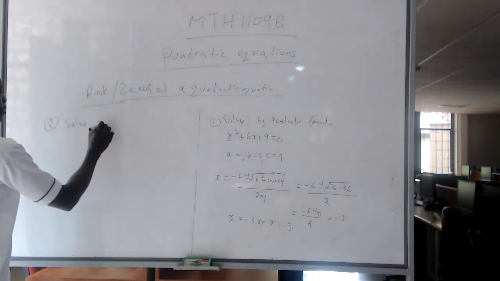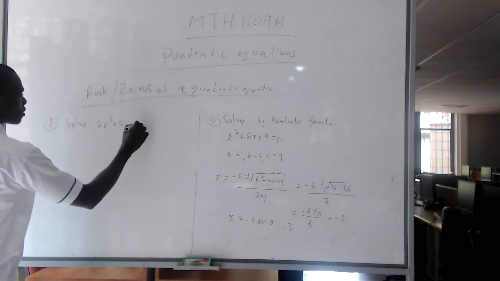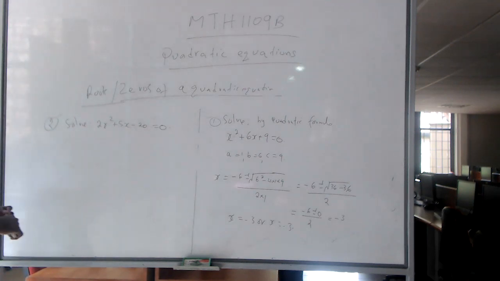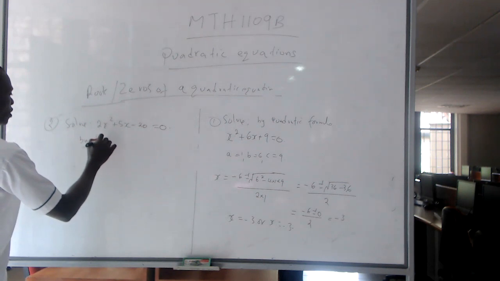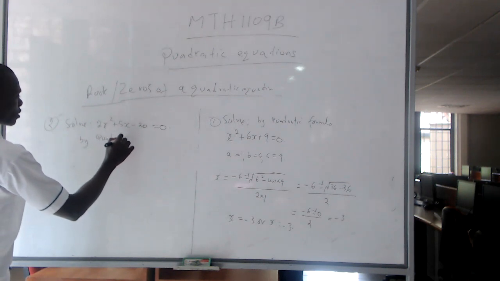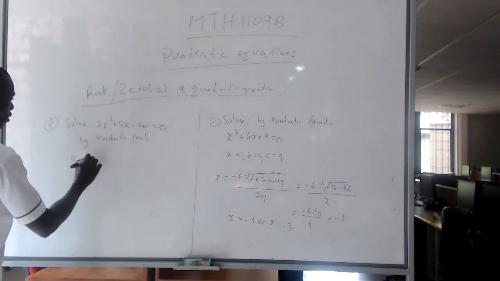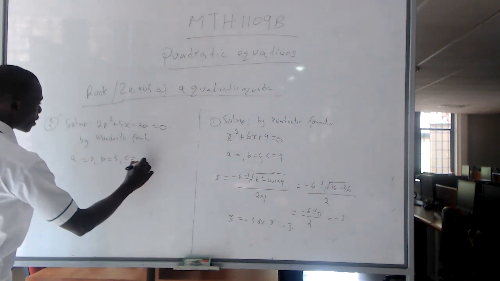Solve 2x squared plus 5x minus 20 is equal to 0 by the quadratic formula. So straight away, a is 2, b is 5, c is minus 20.